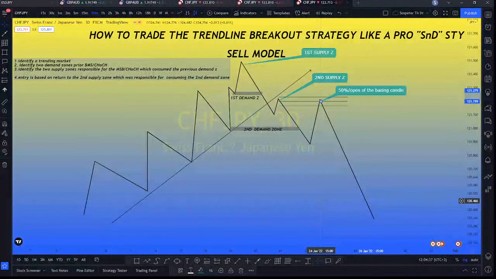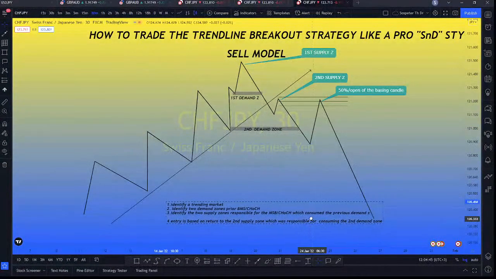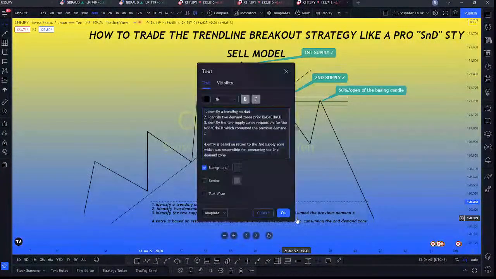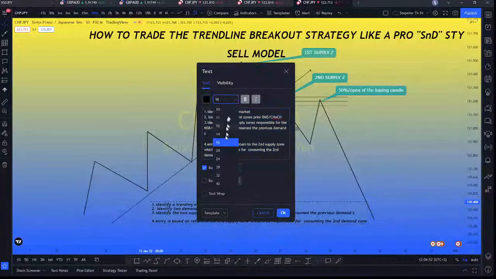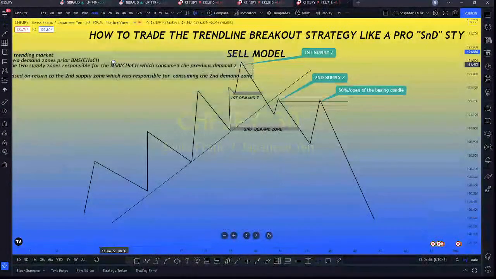You can take a screenshot of these. Let me change the position of these. We add some font around 20. 20 should be clear now.